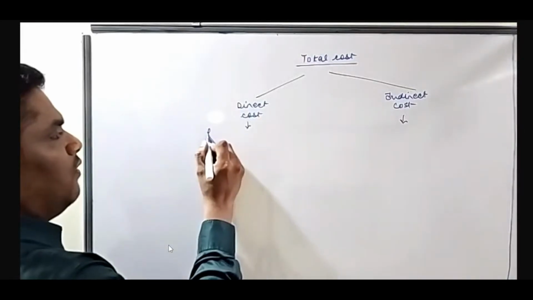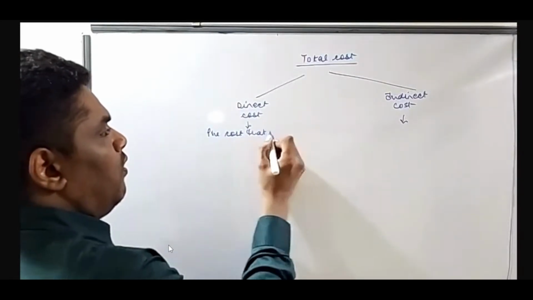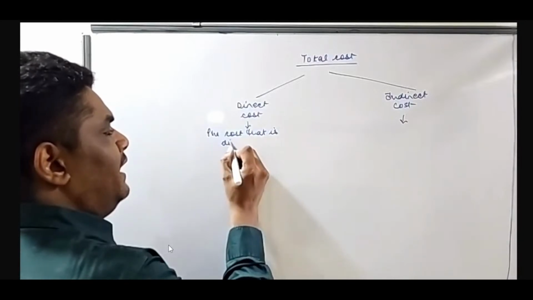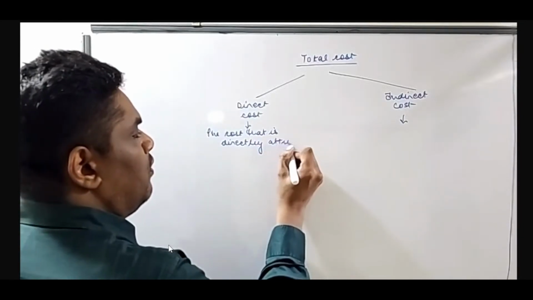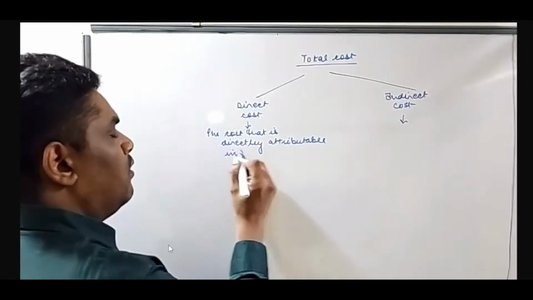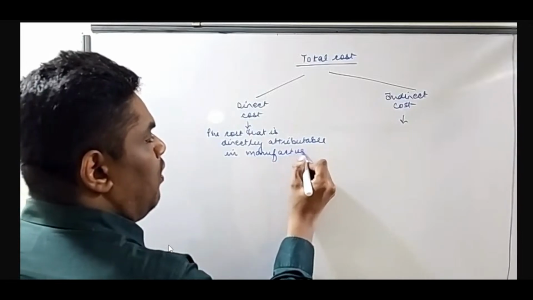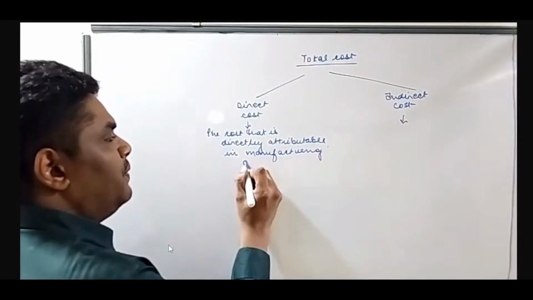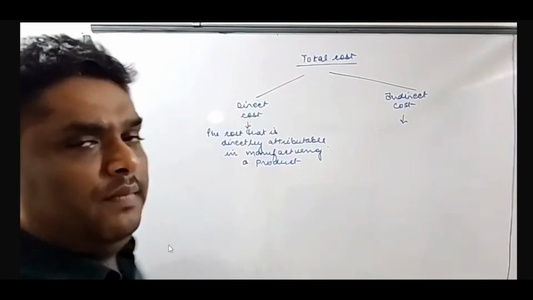The cost that is directly attributable in manufacturing a product is direct cost.